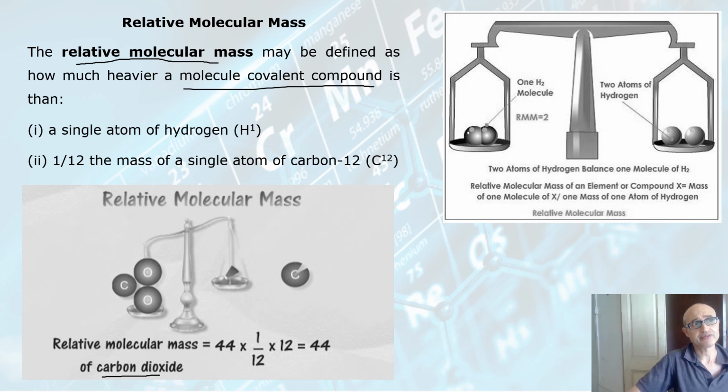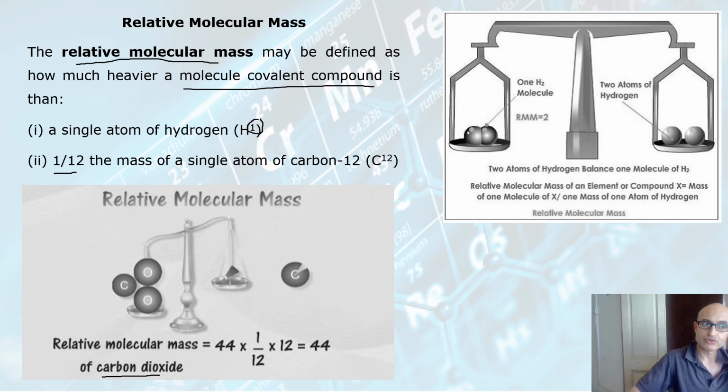How much heavier it is, either when compared to a single atom of hydrogen, which has a relative atomic mass of 1, or how much heavier it is than 1/12 of carbon-12. Since carbon-12 is 12, 1/12 of 12 is of course exactly 1.